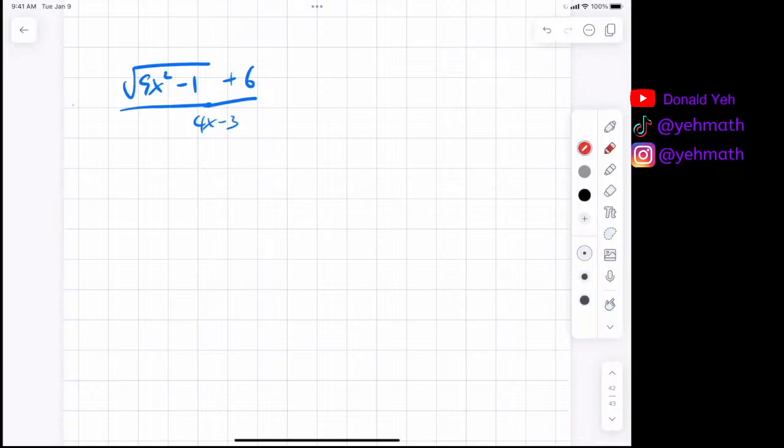Now, not only do I want you to find a horizontal asymptote, I want you to find all asymptotes. All asymptotes. Okay. Jared, you don't know how to do this yet. Let's say find all asymptotes.